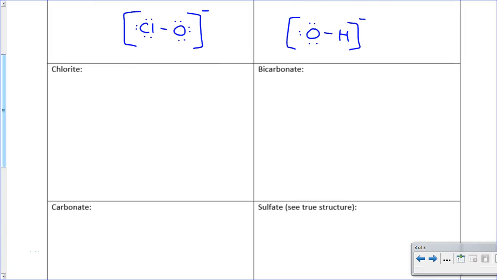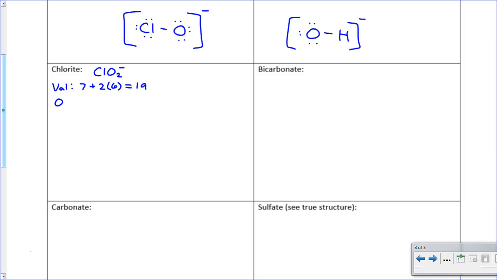For chlorite, chlorite is ClO2 minus. All right, same way, valence, 7 from the chlorine plus 2 times 6, because there's 6 for each oxygen, and there's 2 oxygens. You add those together, you get 19.